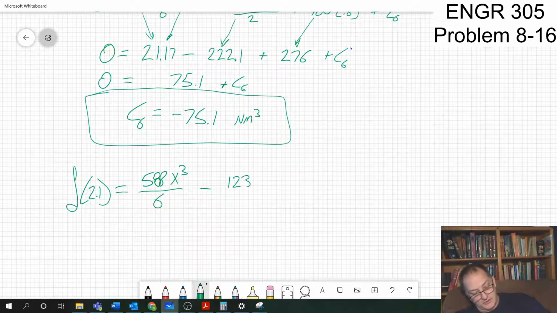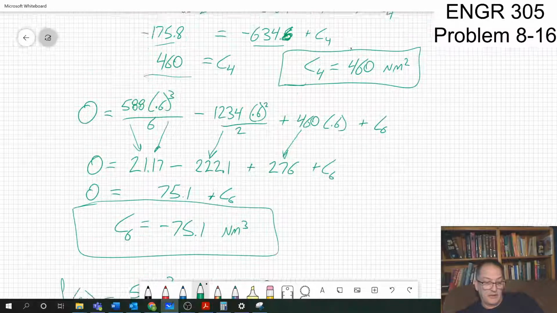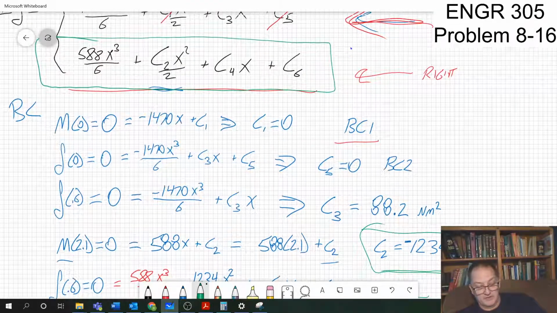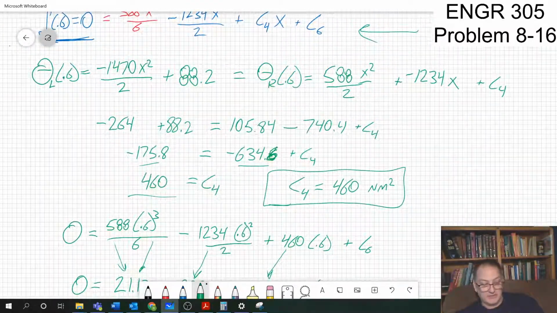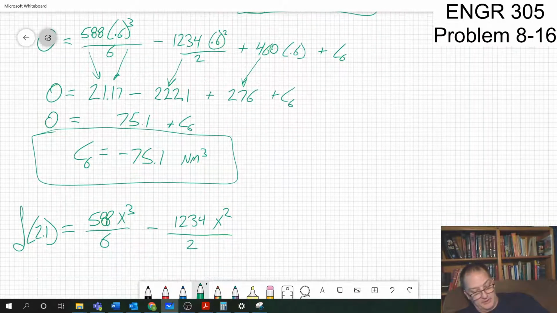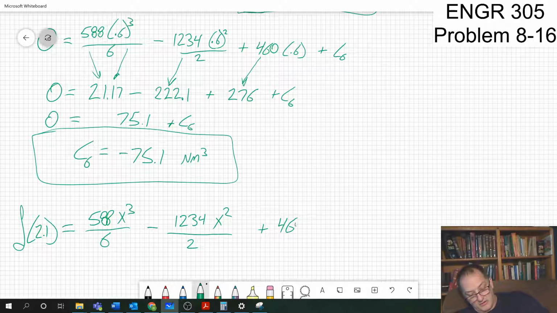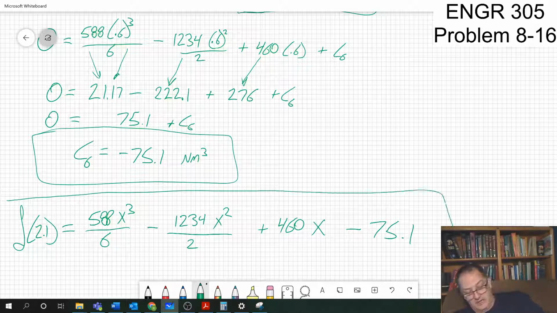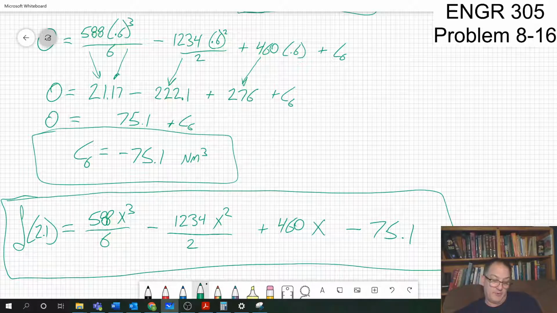Then I got my C4 term, right? C4x. C4 I solved way down here. 460 is positive, so that's going to be plus 460x. And then a minus 75.1. There is my equation. Now punch it in and solve it.